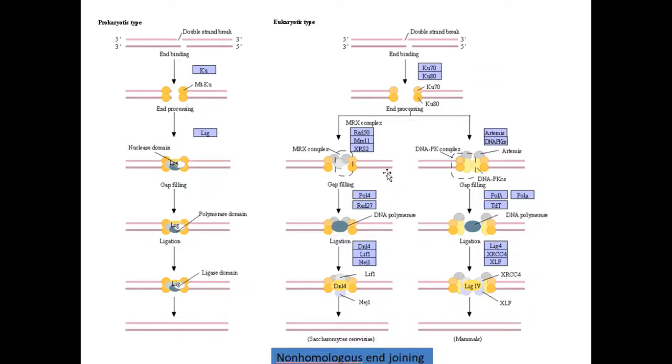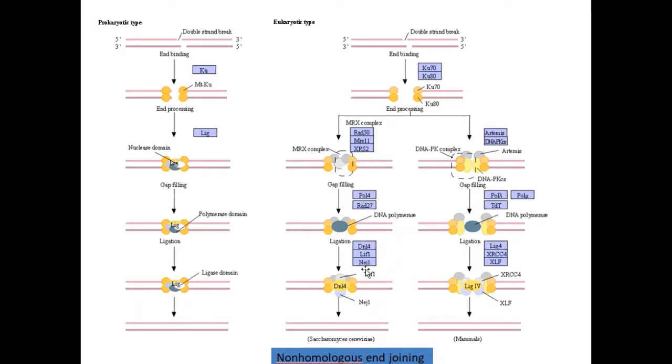In the case of yeasts, the complex which does the end processing is referred to as the MRX complex, whereas in mammals, it's a different set of proteins which act here. After that, gap filling happens by the polymerase enzymes. Different polymerases are involved in yeast as well as in mammals.